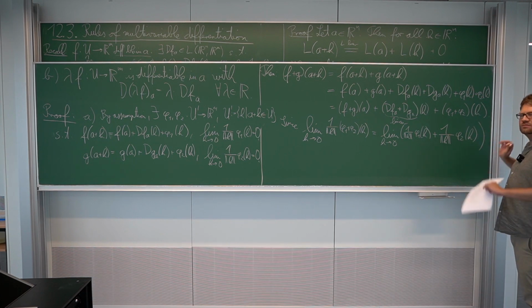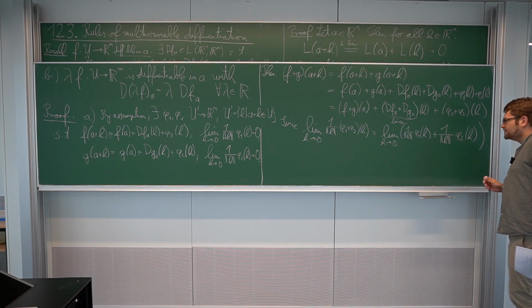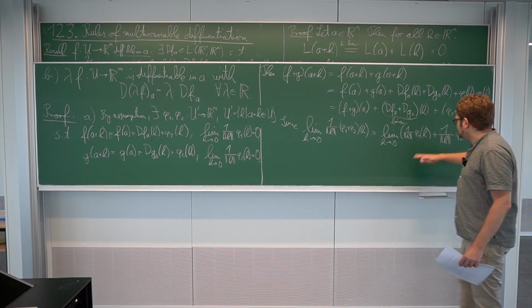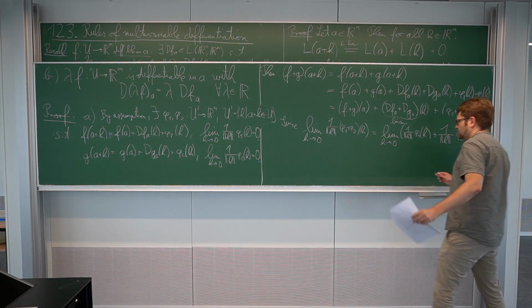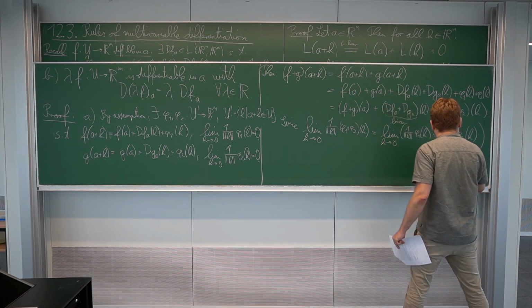So I'm just trying to be consistent with the notation. But we have just reformulated this as this, and by assumption this goes to 0, this goes to 0, so the sum goes to 0. So this limit is 0.